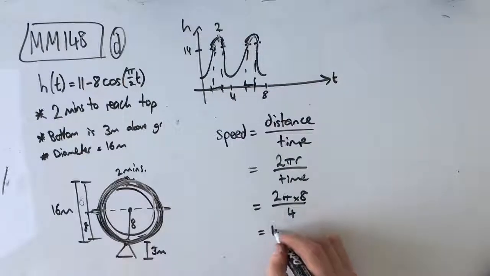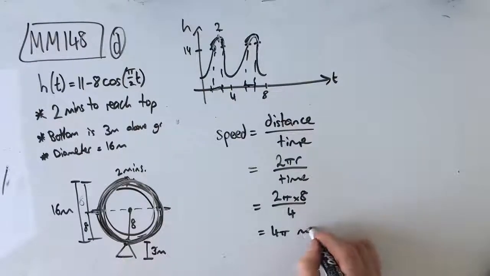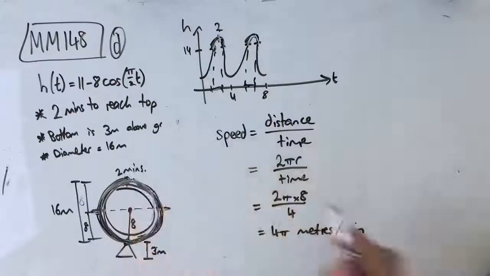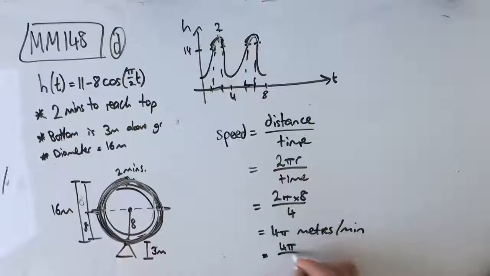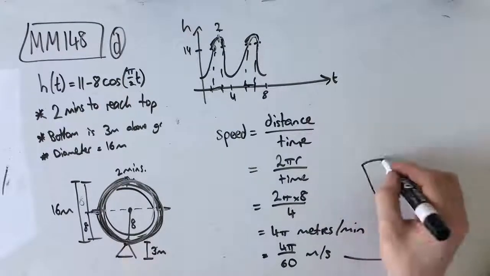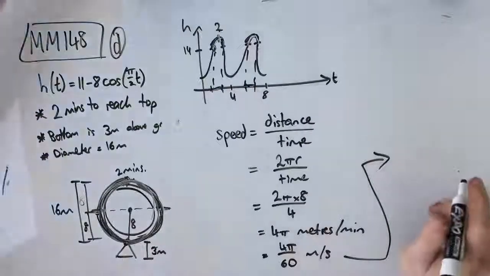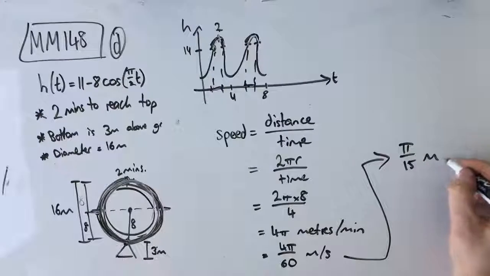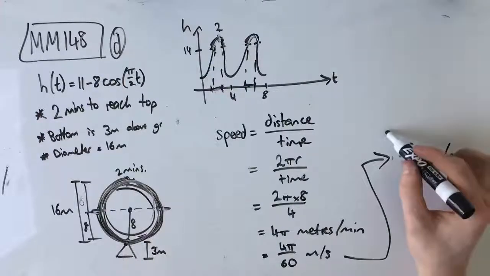This gives us 4 pi meters per minute, because remember this 4 is in minutes, which means that we divide this by 60 to get the speed in meters per second, which gives us 4 pi over 60 meters per second, which gives us pi over 15 meters per second. And this is the speed.